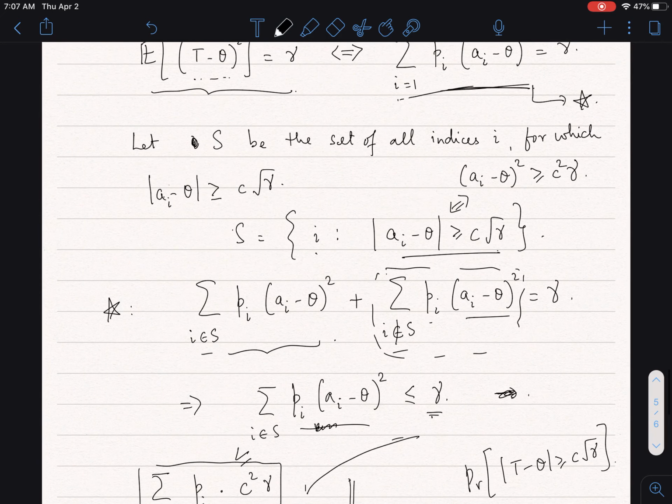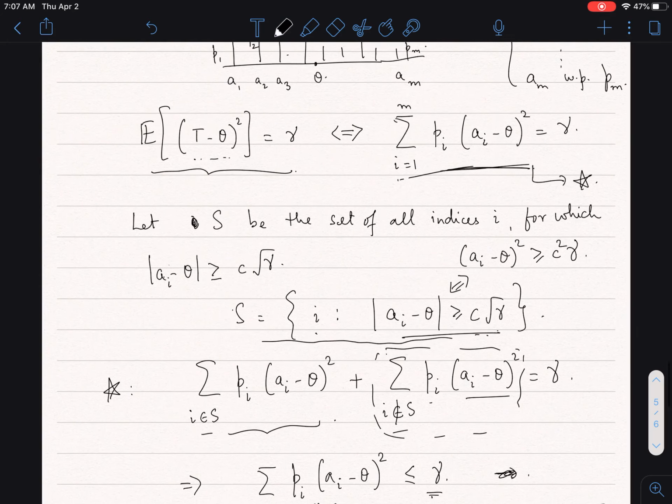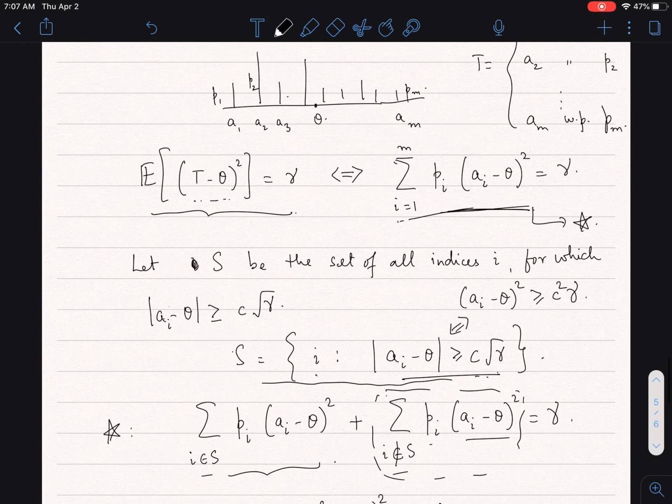So i in S was exactly all the events that were of interest, right? So this is all the values of t where |t minus theta| was more than c root gamma. Okay? And what I'm saying is that if you sum the probability values over all the elements in the set, those probabilities add up to at most 1 by c squared. Okay? And this is exactly what we claimed, and this completes the proof.